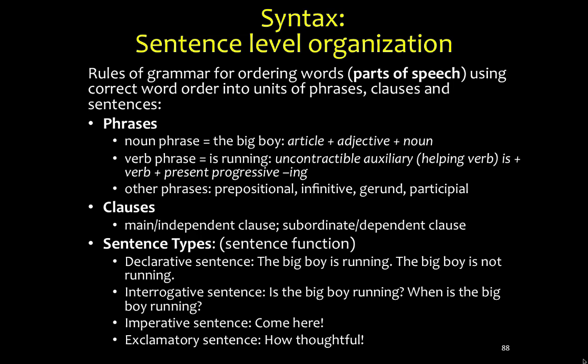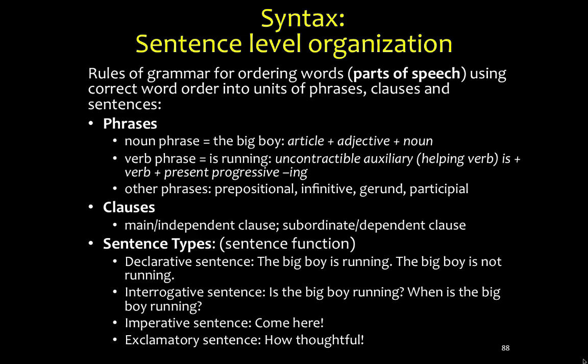So syntax includes units of phrases as well as units of clauses, and clauses are described as either being a main or independent clause or a subordinate dependent clause, and we'll be looking a little more at clauses in a moment. And syntax also then includes the ordering of our parts of speech into phrases, clauses, and sentences.